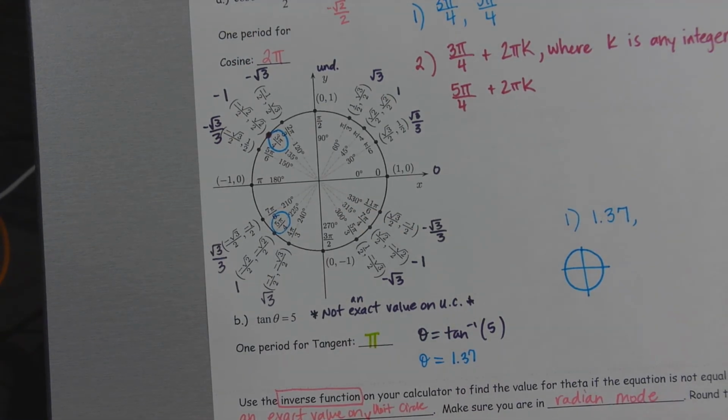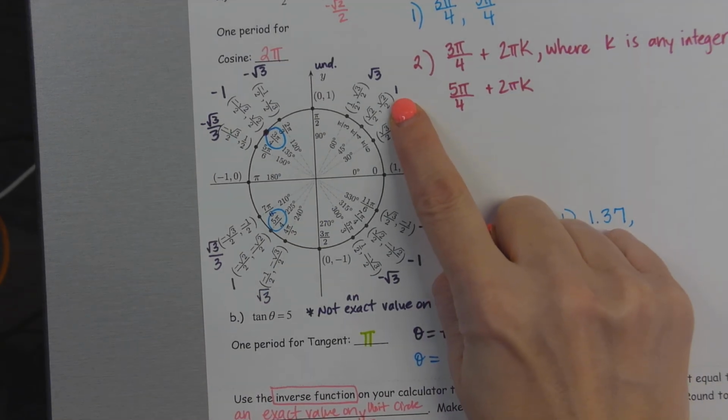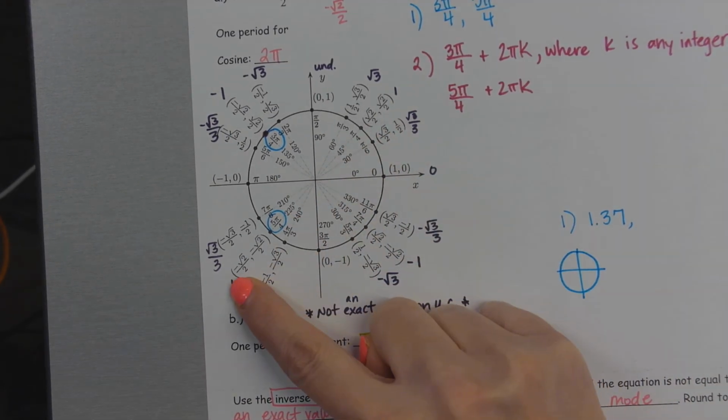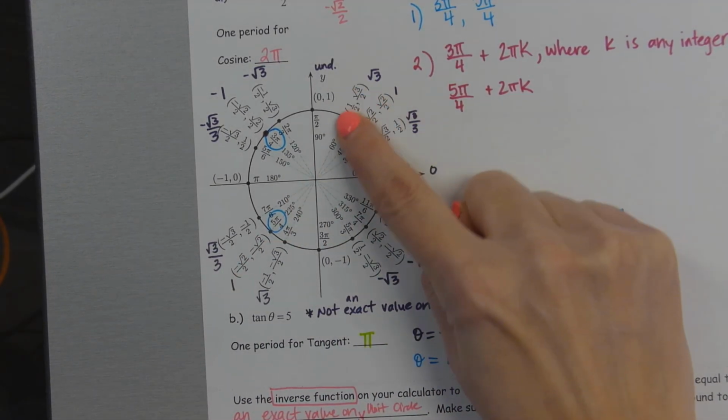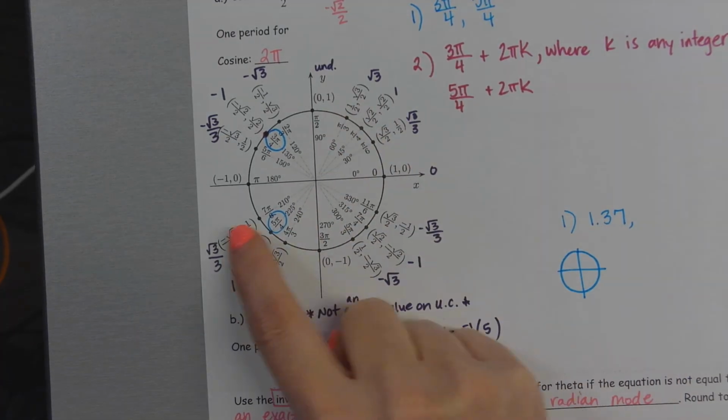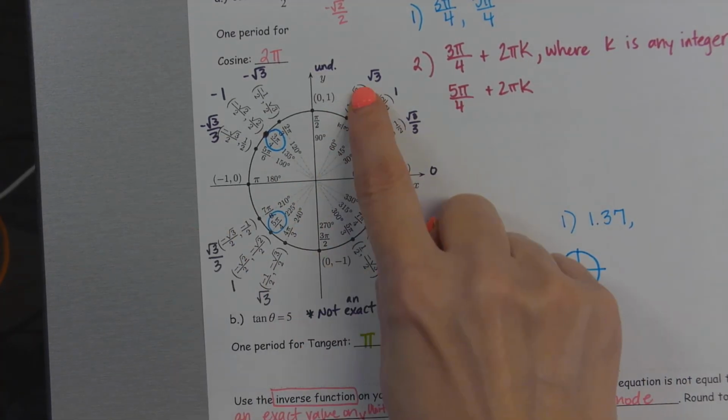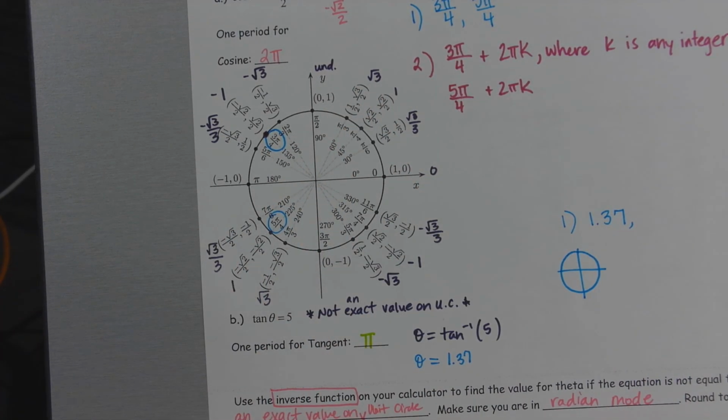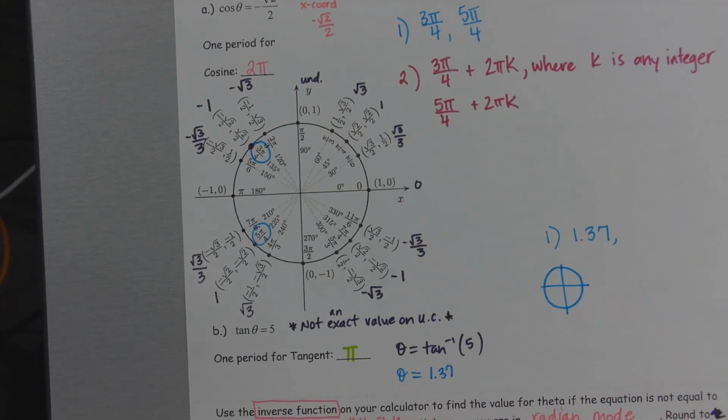So take a moment to just notice these relationships. 1 and 1, root 3 and root 3. So they have the same value if they're located where? Yeah, directly across the circle. So how many radians are in between those if it's directly across? 1 pi.